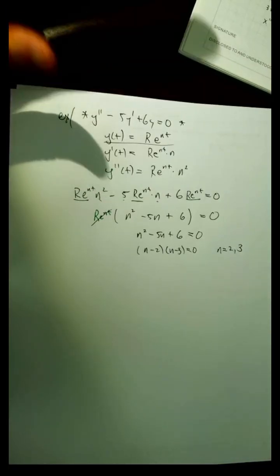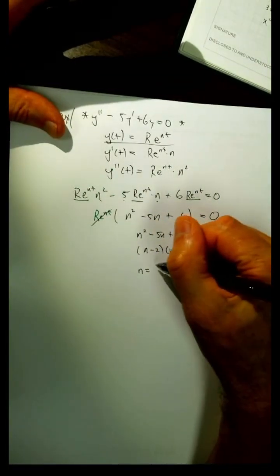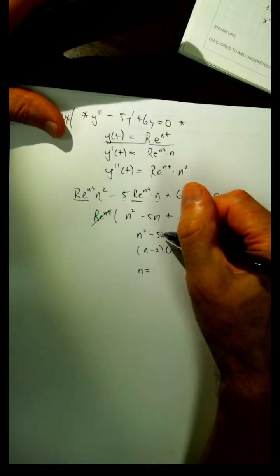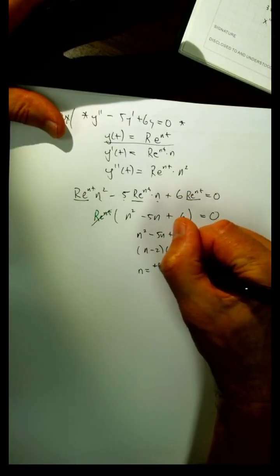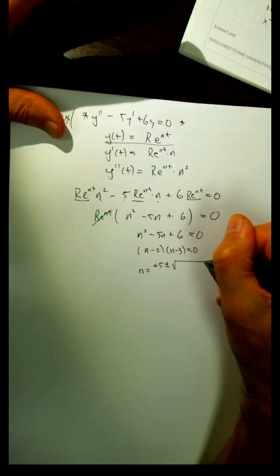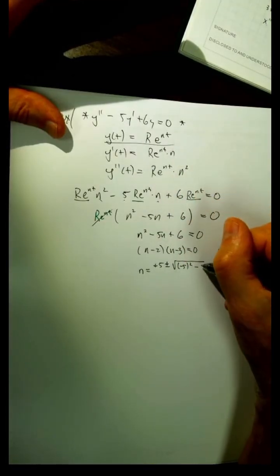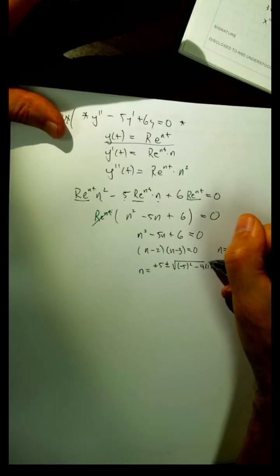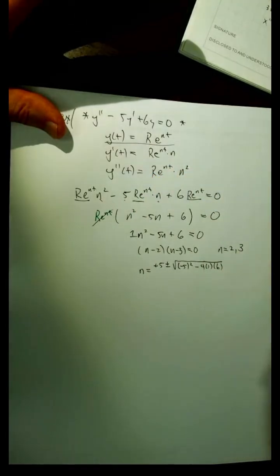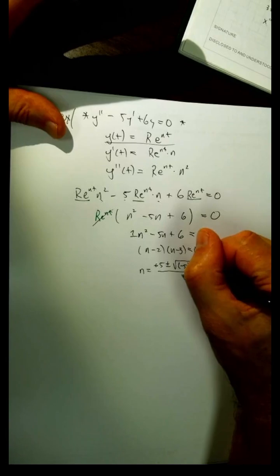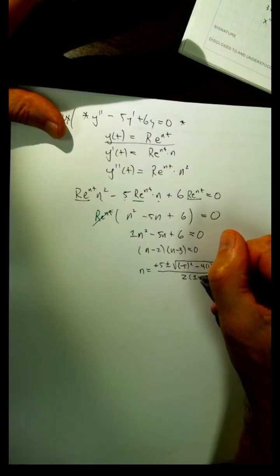If you did not see that, you could just go with the quadratic equation. Minus b, minus 5, is plus 5, plus or minus the square root of b squared, minus 5 squared, minus 4 times 1 times 6, because there's a factor of 1 there, all over 2 times a.